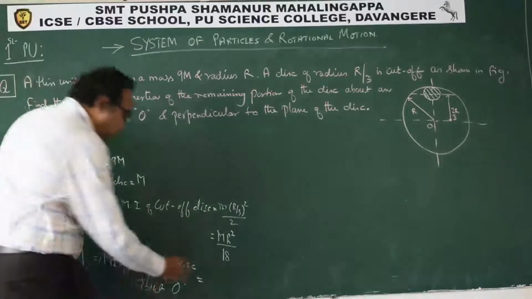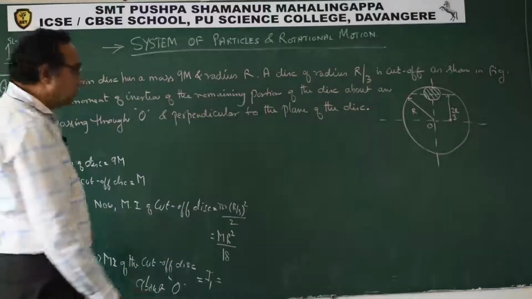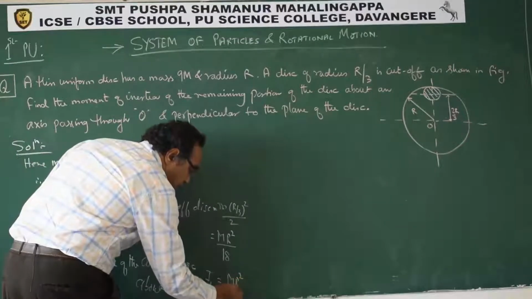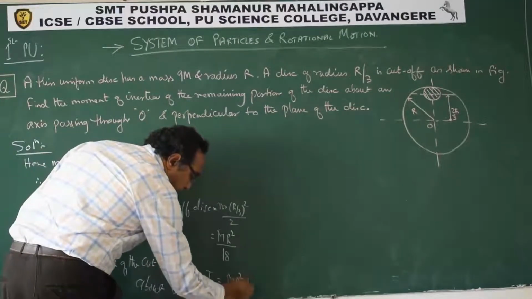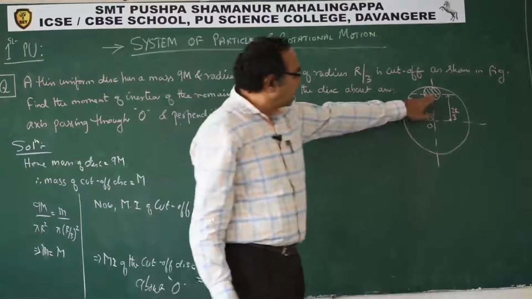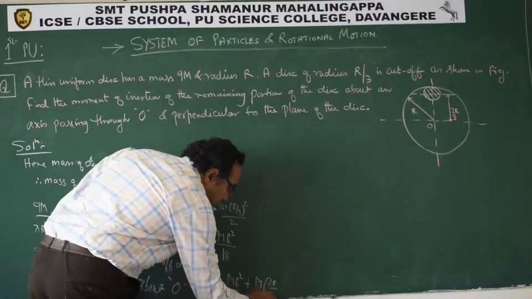If we try to find, let us say this is I1. So use the parallel axis theorem. It is mr square by 18 plus m, what is the distance between the two axes? If this is r by 3, the distance is 2r by 3. So 2r by 3 whole square.